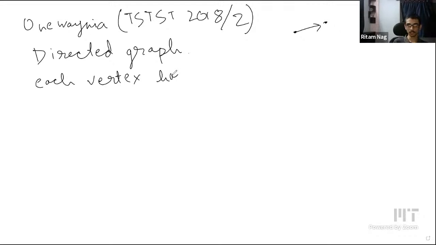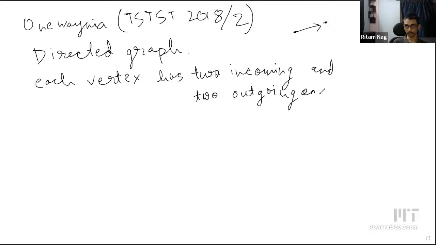So they are oriented. Each vertex has exactly two incoming and exactly two outgoing edges. By an incoming edge, this edge would be considered an incoming edge for V2 and an outgoing edge for V1. So for every vertex, you have two edges coming into it and two edges going out of it.